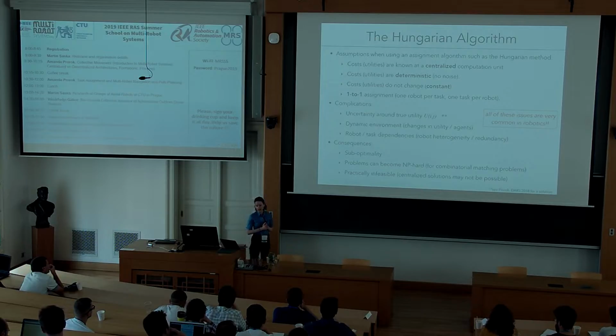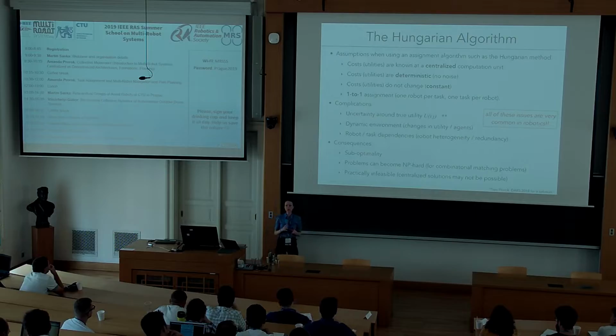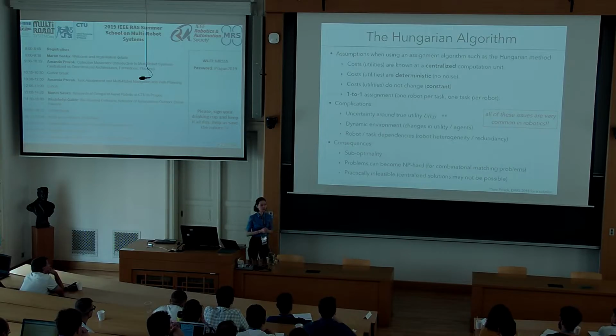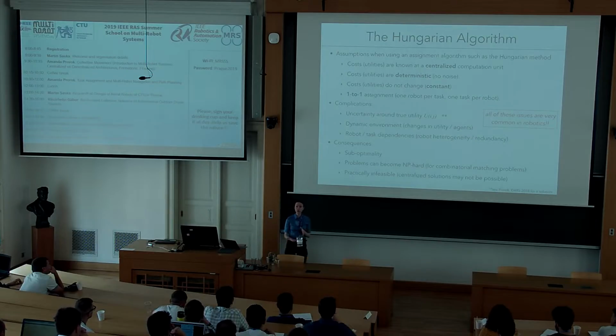And finally, when you have heterogeneity in tasks and heterogeneity in the robots, sometimes you have interdependencies between tasks and robots that make the whole assignment problem combinatorially much more complicated. The consequence of all of this is that we can sweep these assumptions under the rug and still try to solve the problems with the Hungarian assignment algorithm, but the resulting performance will certainly be suboptimal.